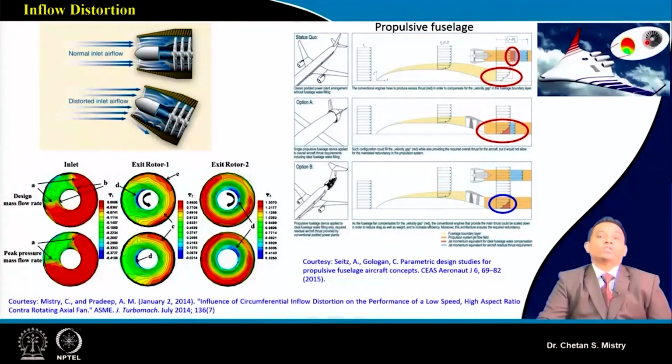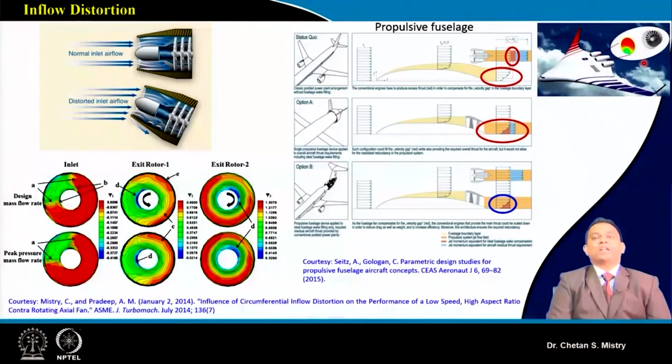Whether we use a high bypass ratio engine or a low bypass ratio engine, this will deteriorate the performance. The University of Cambridge and MIT are working on developing such configurations where they can minimize this inflow distortion. So these are all the benefits of a counter-rotating fan configuration.